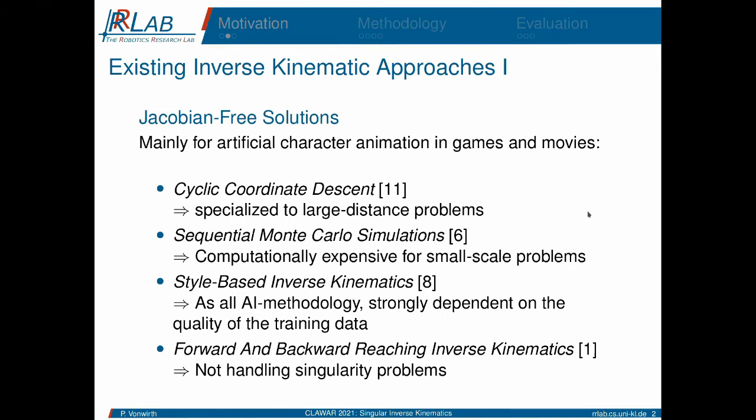So there are lots of existing approaches to solve inverse kinematics. Obviously, this is a very well-known problem, but unfortunately, over the years, lots of researchers and also mechanical engineers decided to overcome this problem by simply building their robots in a way that they do not go into this critical position.